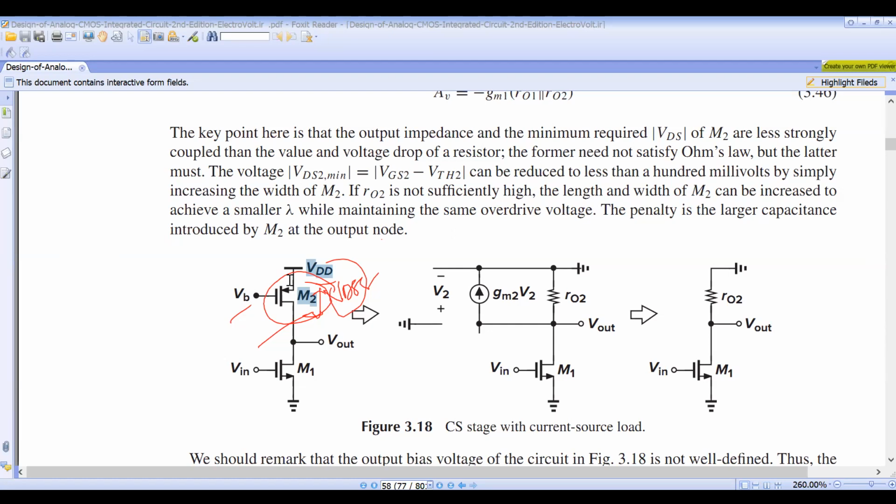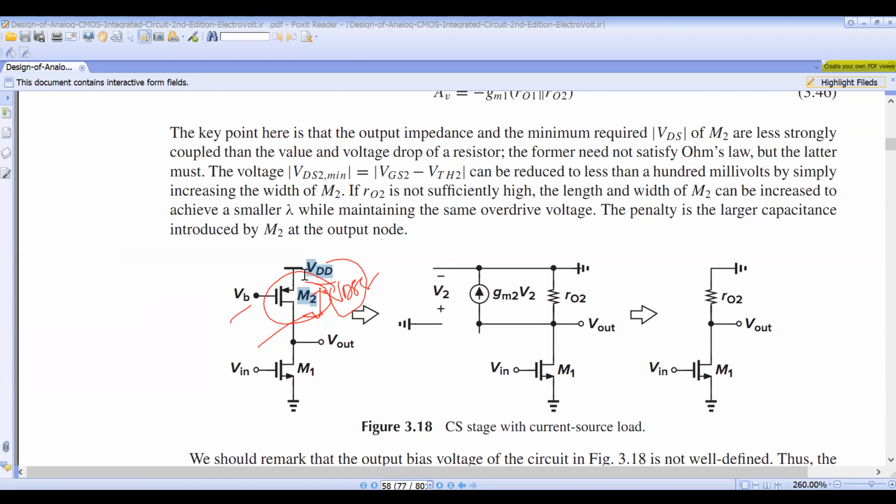Understand? So there is M2. See here: the output impedance and the minimum required VDS of M2 are less strongly coupled than the value and voltage drop of a resistor. The former need not satisfy Ohm's law, but the latter must. The voltage VDS2 minimum is equal to VGS2 minus VTH2, where VGS2 is the gate-source voltage.